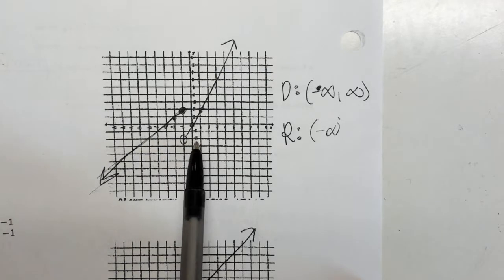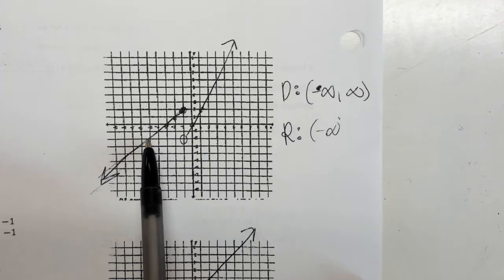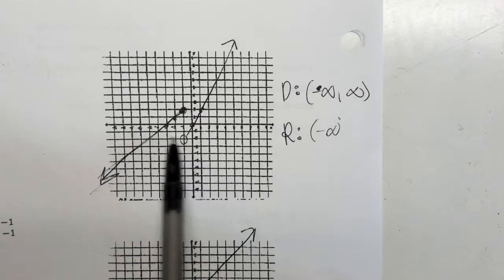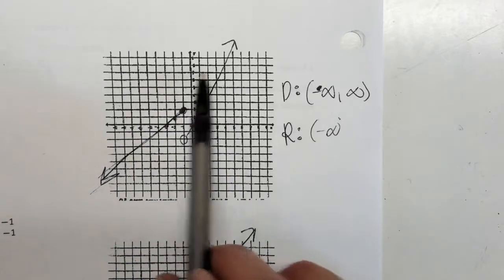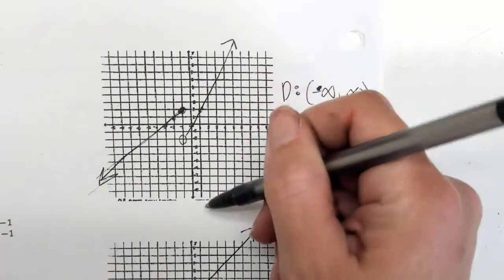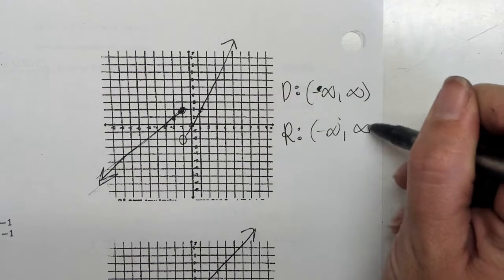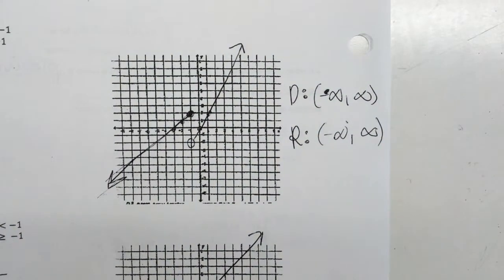So for example, the x value at y equals -2 would be what? Like -5, right? Everybody see that? So it doesn't skip, goes all the way up. So our graph goes from negative infinity to what? Good.